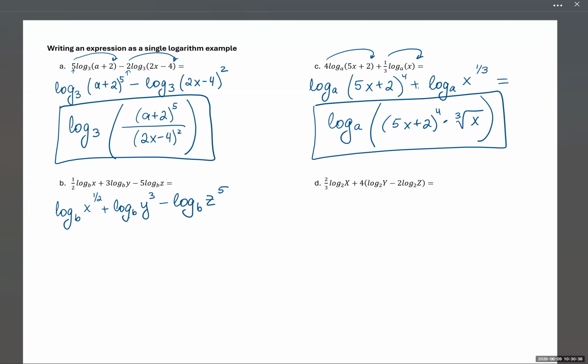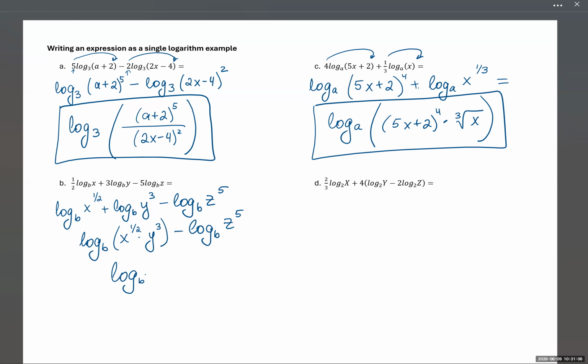Now the first two logs are combined with a plus sign, so that means they will be multiplied together. So log base b of x to the 1/2 power times y to the 3rd, minus log base b of z to the 5th power. Now these two logs are combined with a minus sign, so the expressions inside the log will be divided.